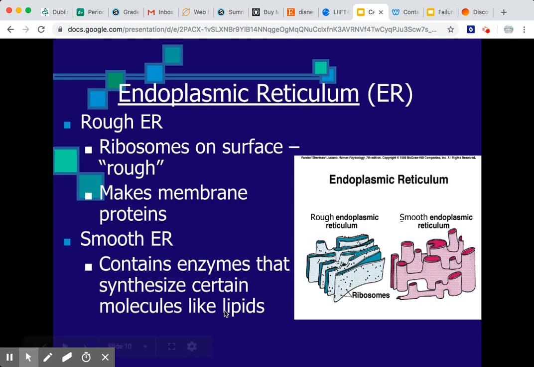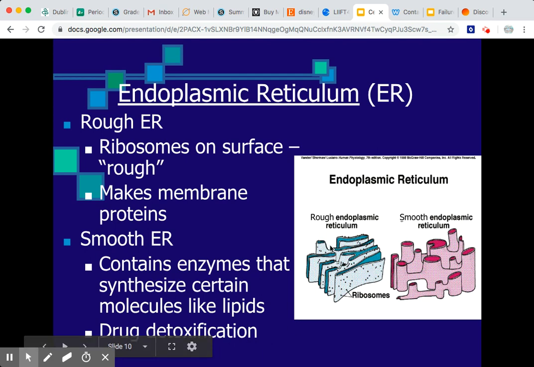They help make certain molecules like lipids. And these lipids are used for a variety of purposes within the cell. Again, the enzymes are things that help move along chemical reactions or help speed them up. And synthesize means to make. Okay. The smooth endoplasmic reticulum also helps in breaking down drugs and alcohol that the cell may encounter. So they're kind of a detoxification organelle as well.